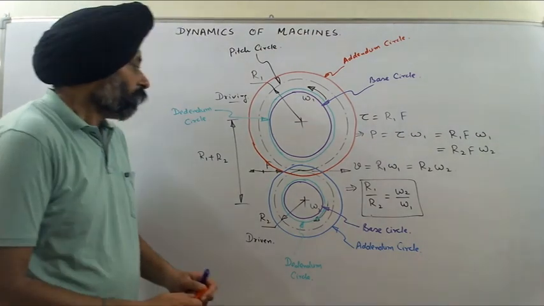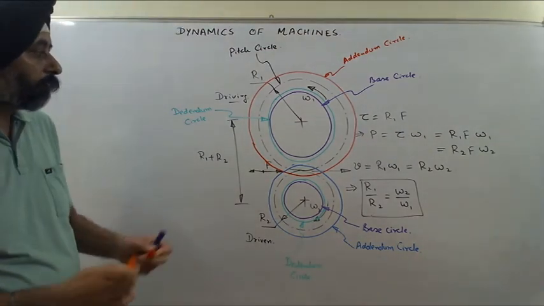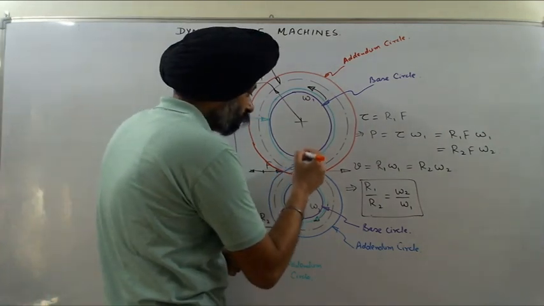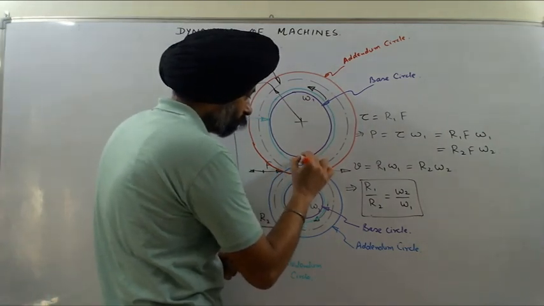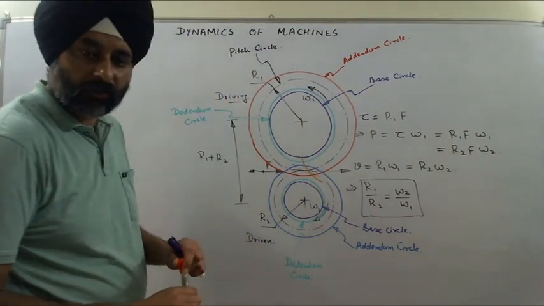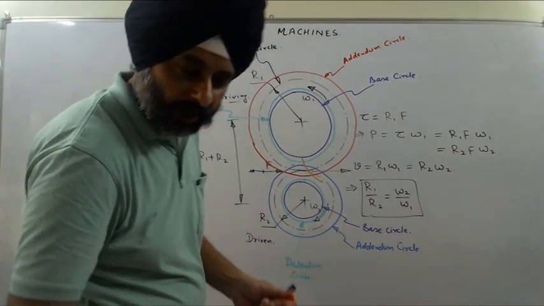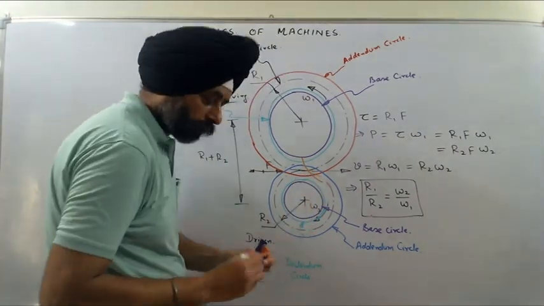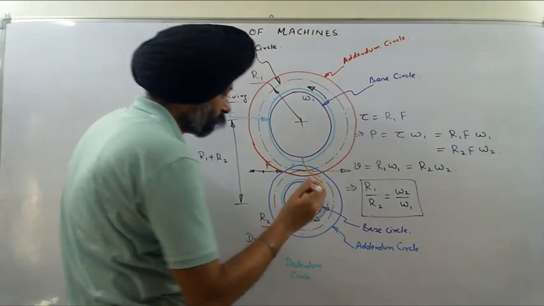Anyhow, let us say we have a tooth profile constructed onto this base circle of the first gear. So this is the involute profile for the first gear, and likewise we have an involute profile here for the gear at the bottom. I'll use a different color to avoid confusion.